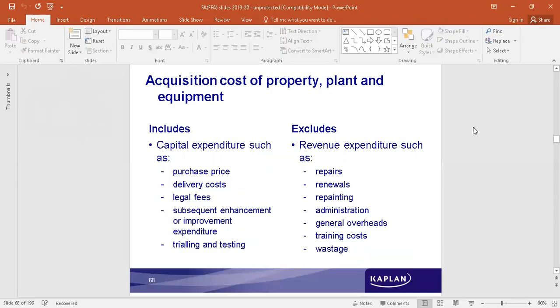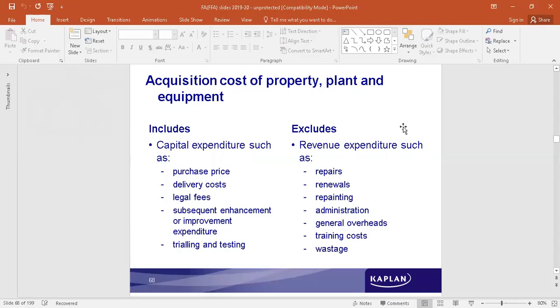Okay, how to account for the cost of the assets? What is included in the cost of an asset is not just the price that is paid to the supplier of the asset. All those expenses that are incurred at the time of purchase and installation of the asset in the firm, in the factory, would be part of the total cost of the asset.